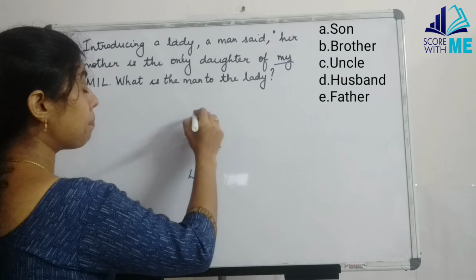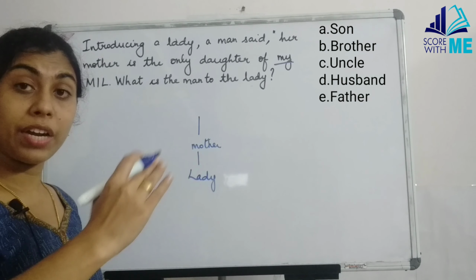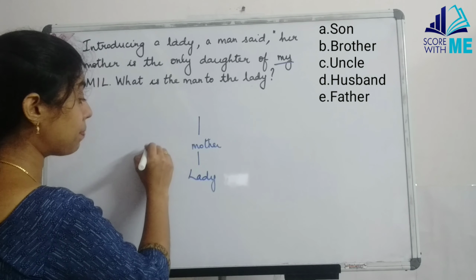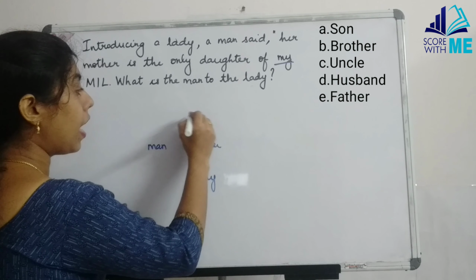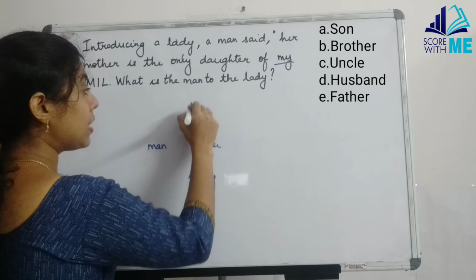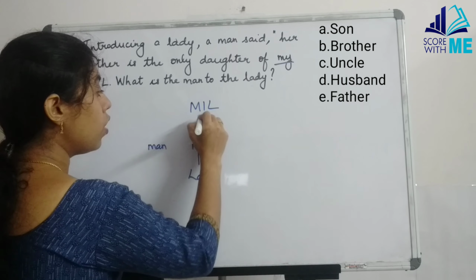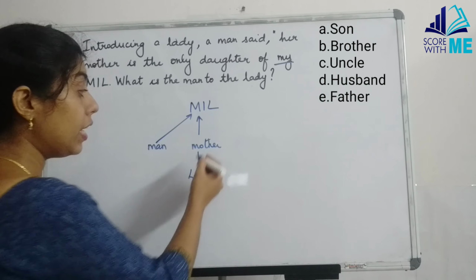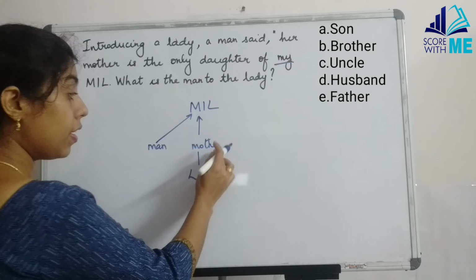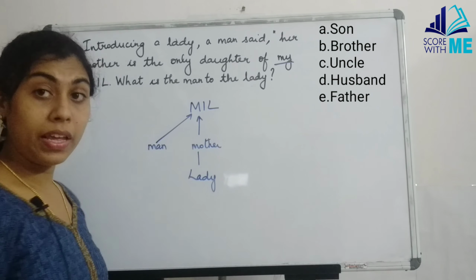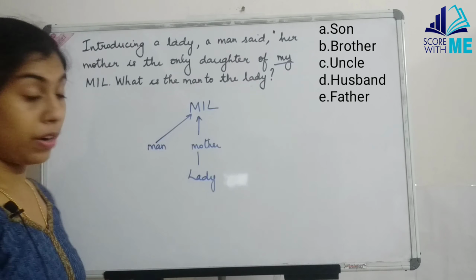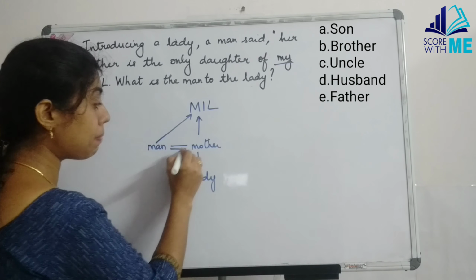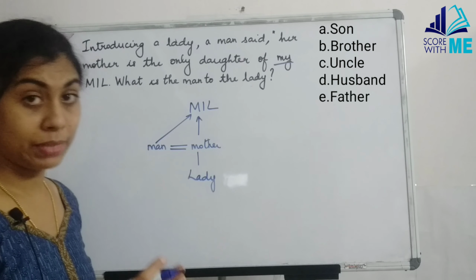So the man's mother-in-law means the generation higher to the man. So the man must be here and this must be the man's mother-in-law. So if this is this man's mother-in-law, definitely this mother's mother should be his mother-in-law, and that simply means that this man and the mother must be husband and wife.